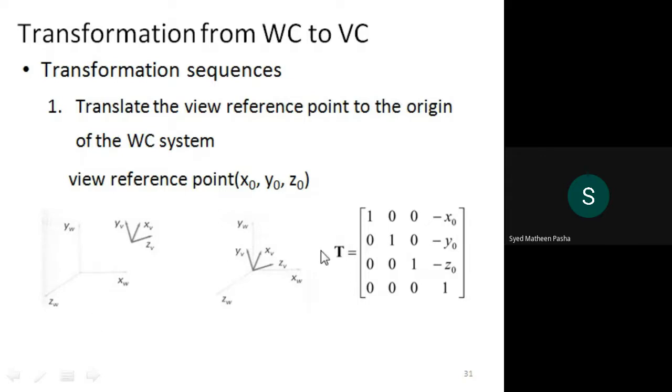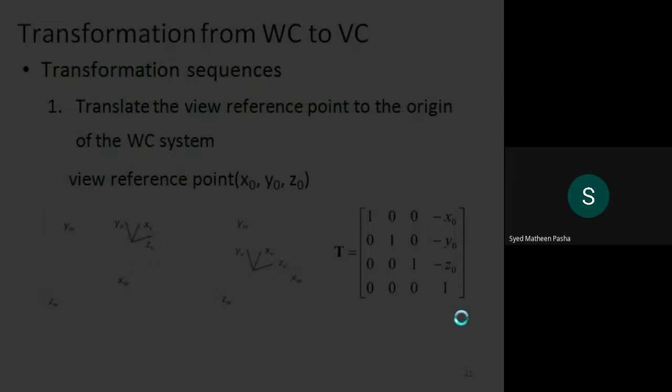The matrix form of that transformation, that is translation, is given by the identity matrix where the diagonal is 1, along with the translation with respect to the reference point x0, y0, and z0. So this is the matrix representation of the transformation sequence.